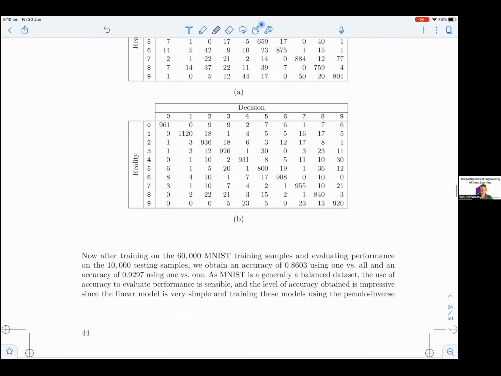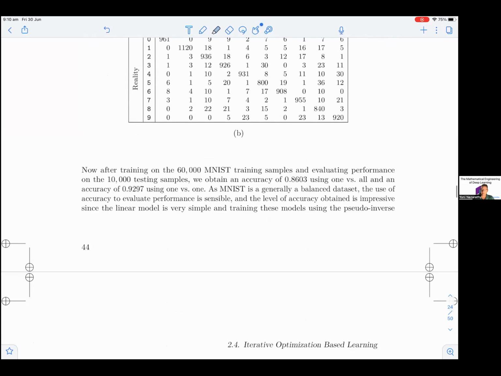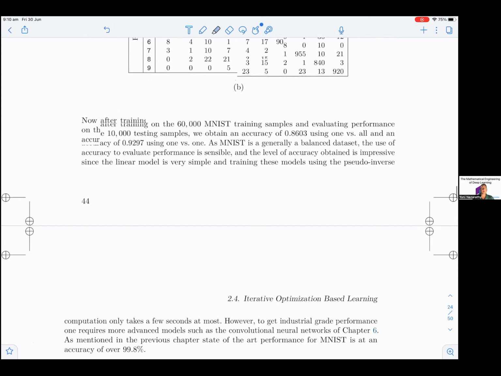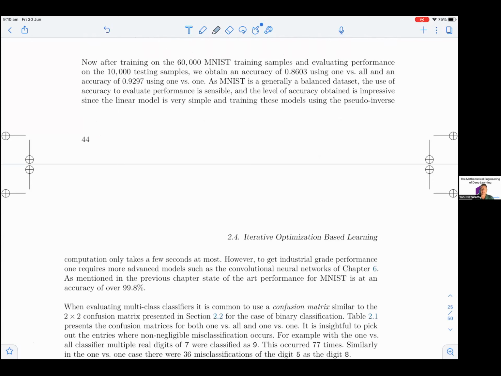Now, after training on the 60,000 MNIST training samples and evaluating performance on the 10,000 testing samples, we obtain an accuracy of 0.86 using 1 versus all, and an accuracy of almost 93%, that's 0.9297, using 1 versus 1.